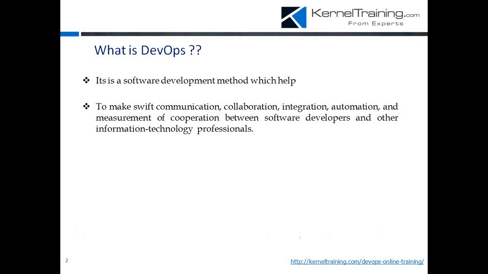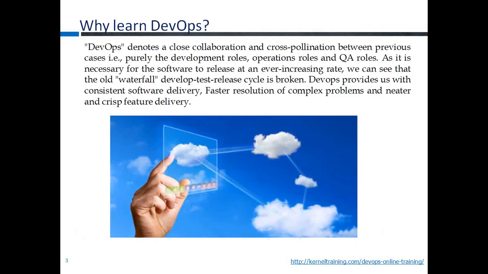Why should we learn DevOps? DevOps denotes a close collaboration and cross-pollination between previously purely development roles, professionals and QA roles. When you see these lines, they are purely defining the role of a DevOps person.